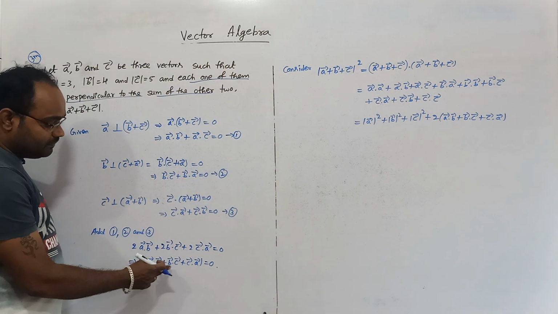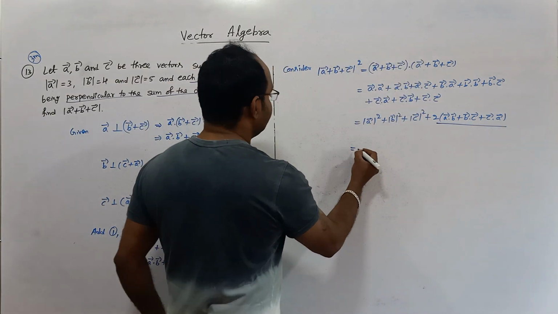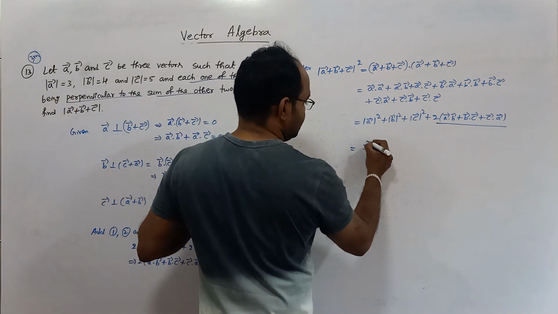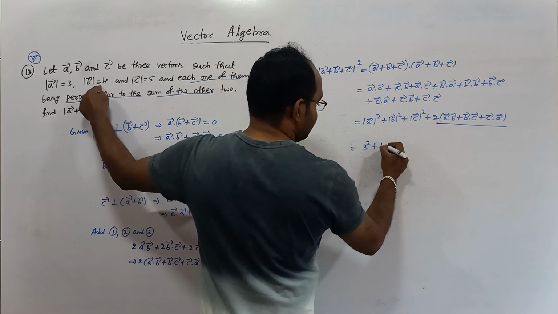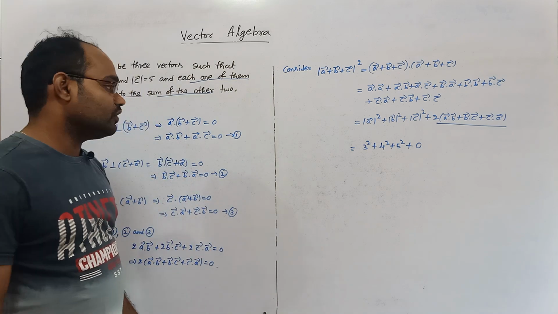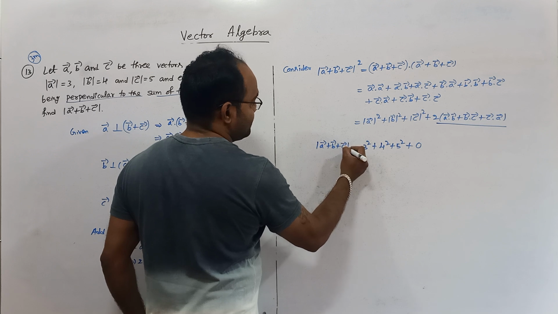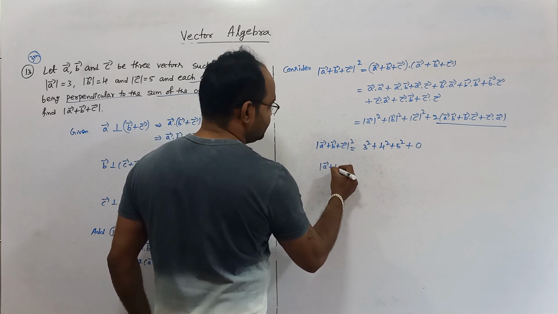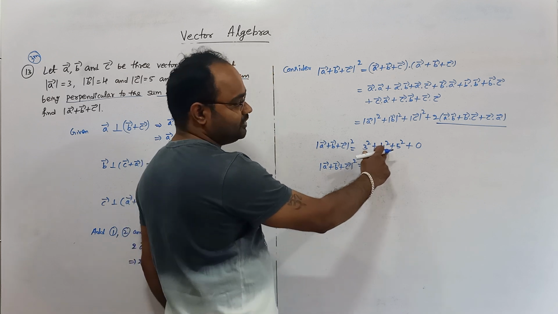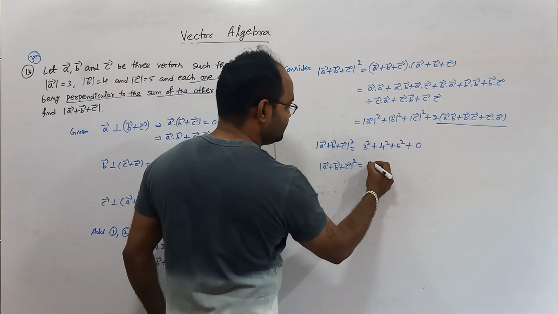2 times (a dot b plus b dot c plus c dot a) is 0. So this whole term becomes 0. Magnitude of a whole squared, magnitude of a is given as 3, so 3 squared plus 4 squared plus 5 squared plus this whole term becomes 0. This is magnitude of a plus b plus c whole squared. So magnitude of vector a plus vector b plus vector c whole squared is 9 plus 16 plus 25. 9 plus 16 is 25. 25 plus 25 is 50.